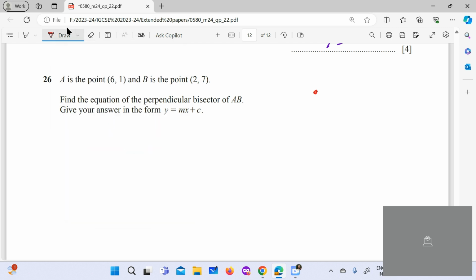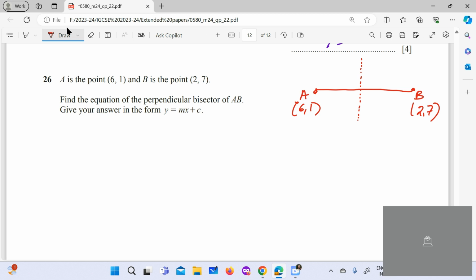Suppose this is the line mentioned here. This is A and B. Point A is (6, 1), B is (2, 7). Now find the equation of the perpendicular bisector of AB.